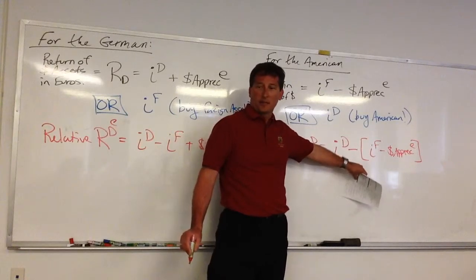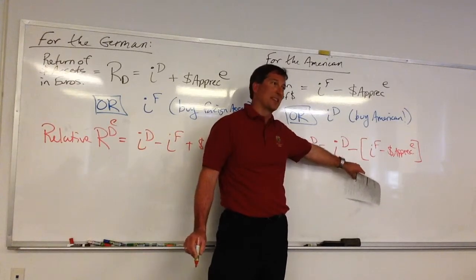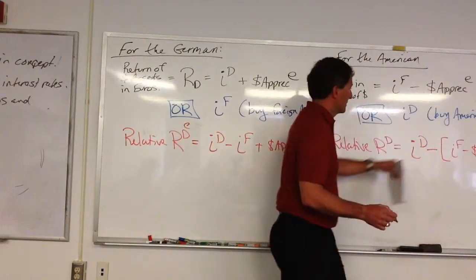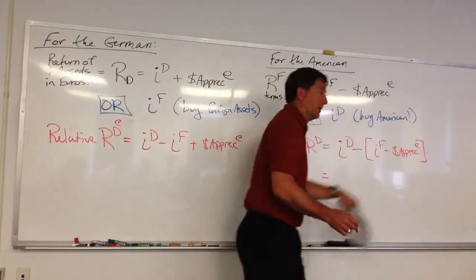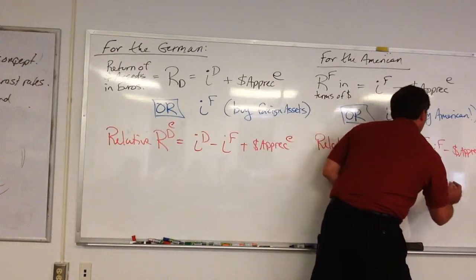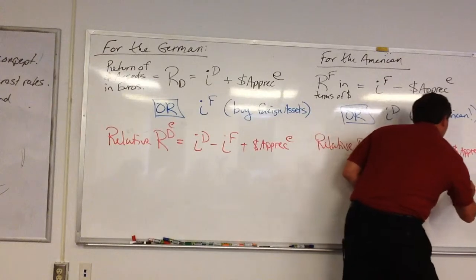Don't get caught up, because this is the aha proof moment here. So to solve that one, we distribute that minus sign through, and we get ID minus IF plus dollar appreciation.